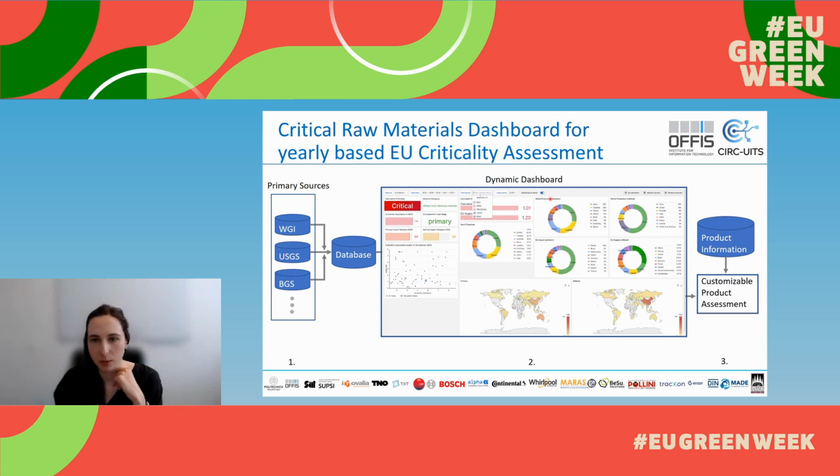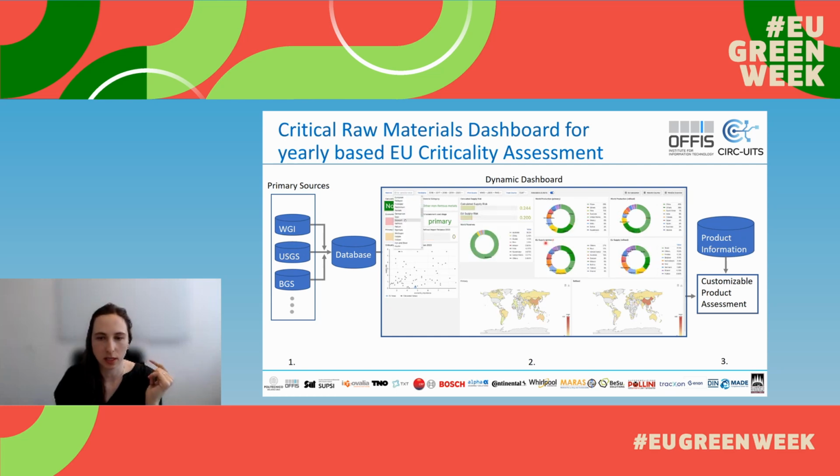Here on the right side, we can see the world production of the primary material, and then the world production of the refined material. And then we also have that for the EU in this case, EU primary and EU refined. And for example, here we can see, okay, aluminium is critical.